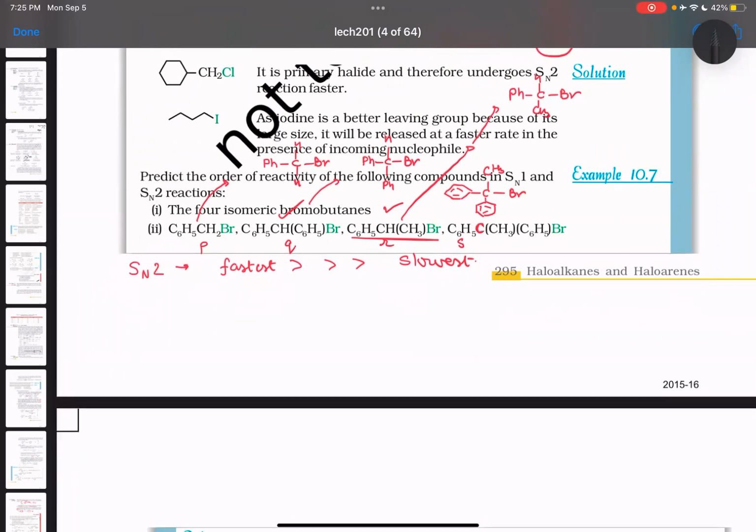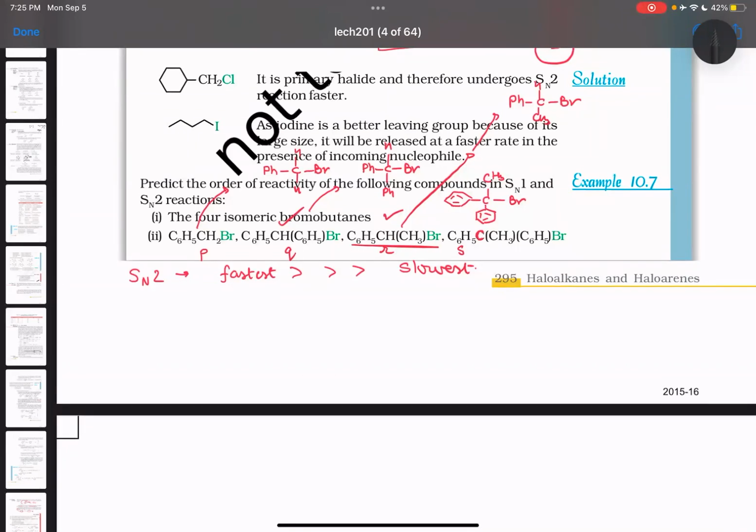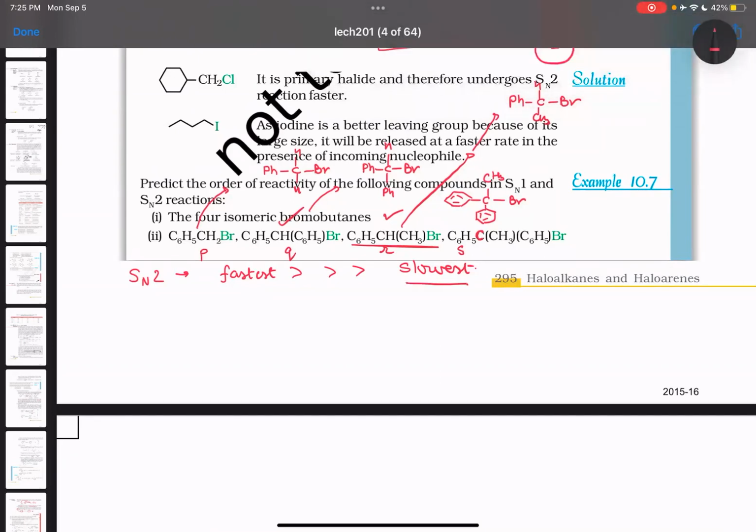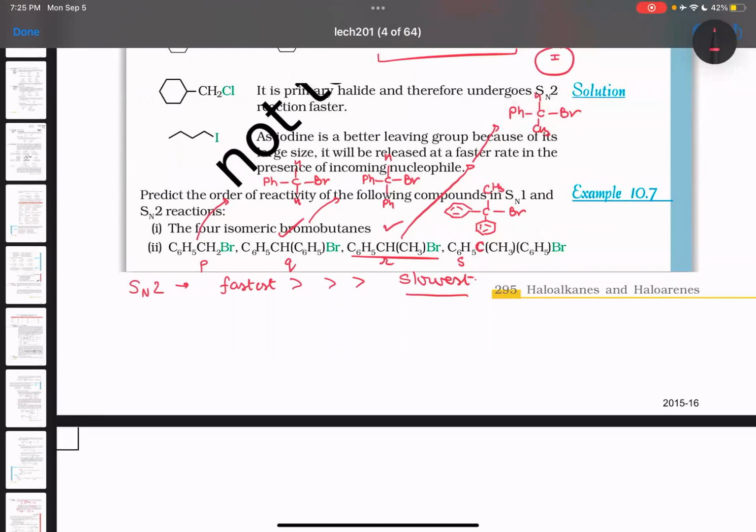So which of P, Q, R, and S is the most bulky, the slowest one? So which will be the slowest for SN2? Slowest SN2, P, I think. Which one? P, option P. Please. P, first one. Yes, sir.